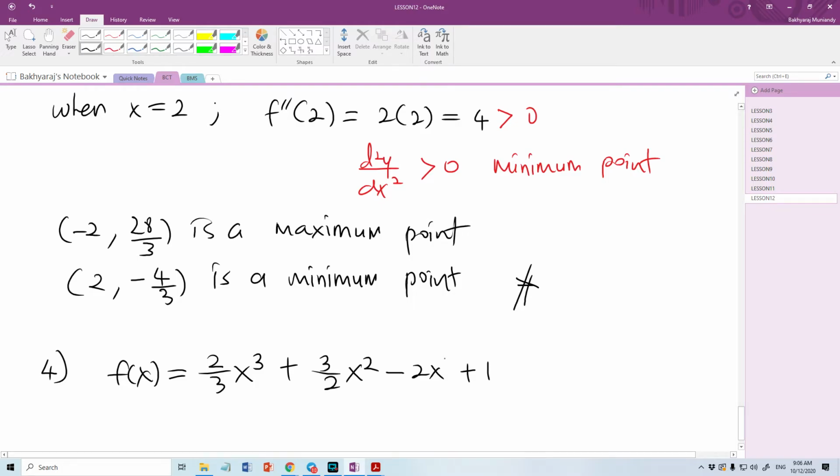So first, get the stationary points. Okay, number one, get the stationary points. Okay, f prime x equals 0.